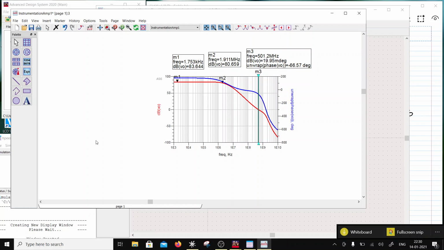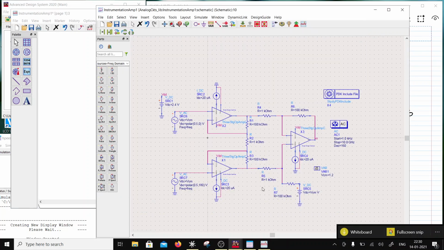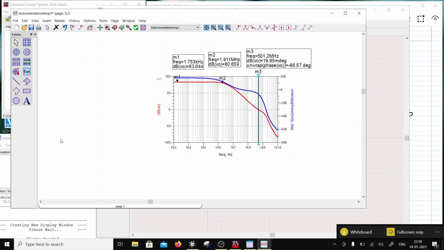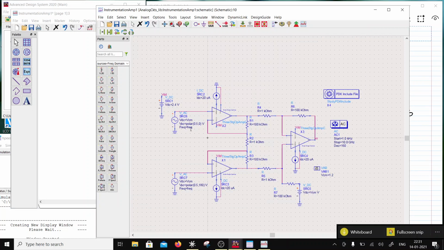So over here, 180, I have rolled back 180 and beyond that, so this is not stable, right? Then I would have to stabilize this, right? Okay, this is a differential stage, right?